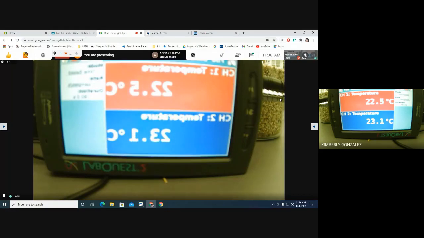All I did, guys, was let the thermometer go under the water for a minute, just to cool down the thermometer itself. I wiped it off so there's no excess water on the thermometer, but now it's reading the true reading of the sand.